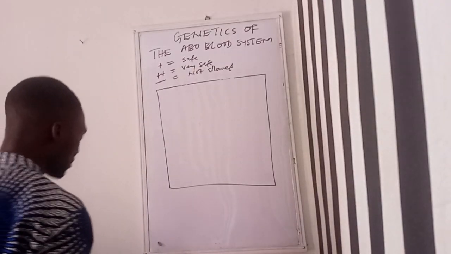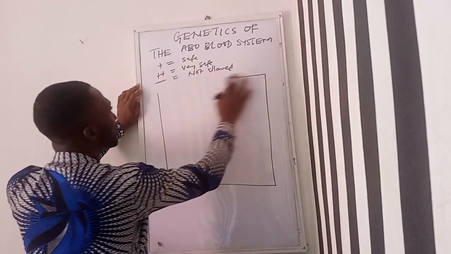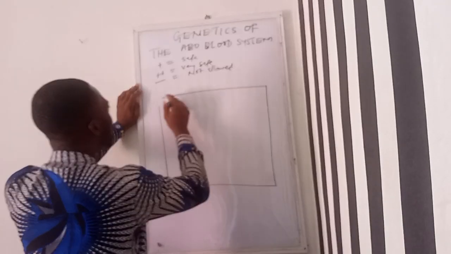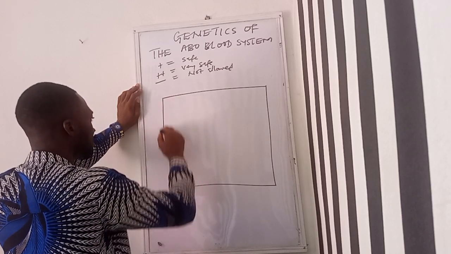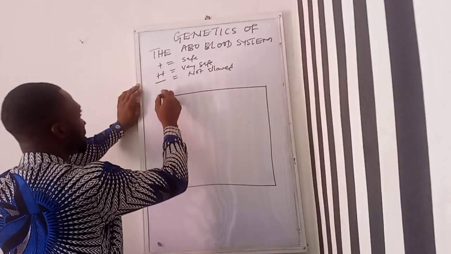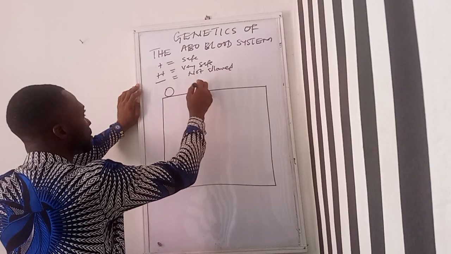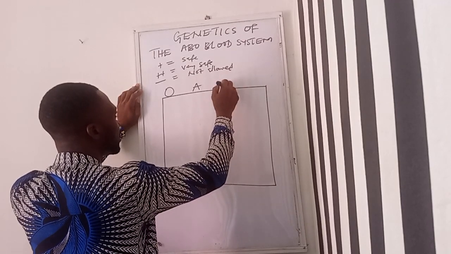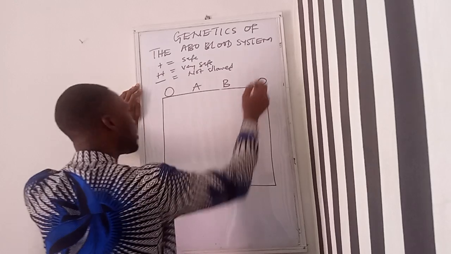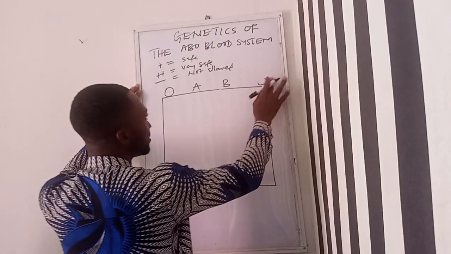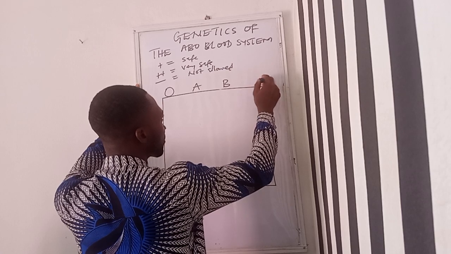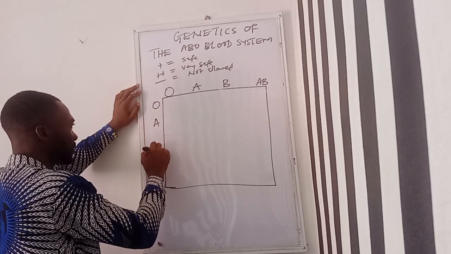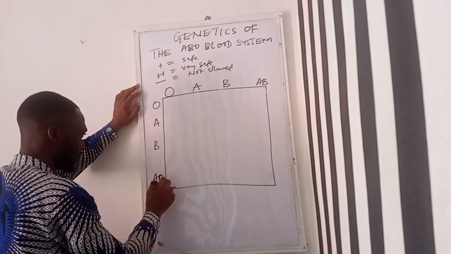Let's assume that we have these blood types: O, A, B, AB, then O, A, B, AB.